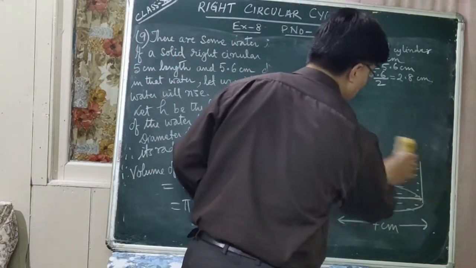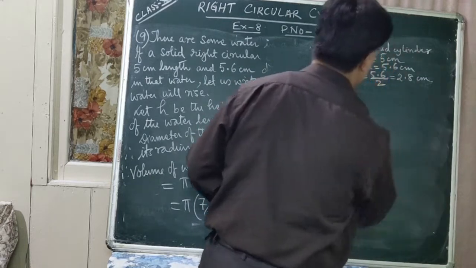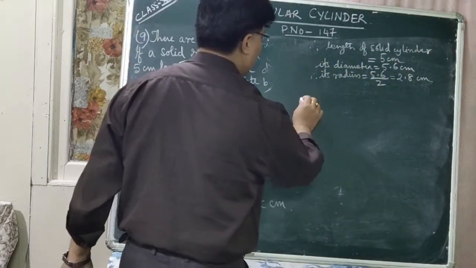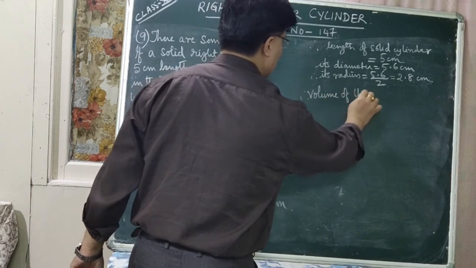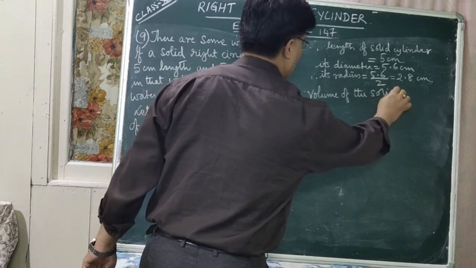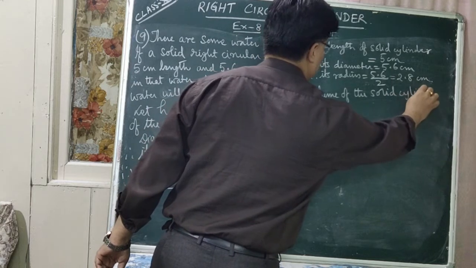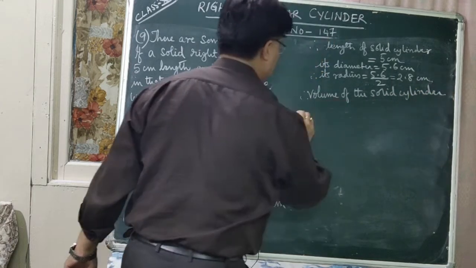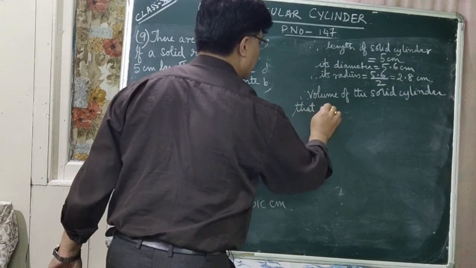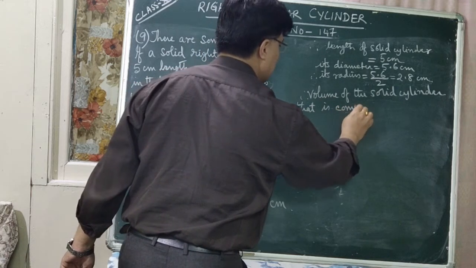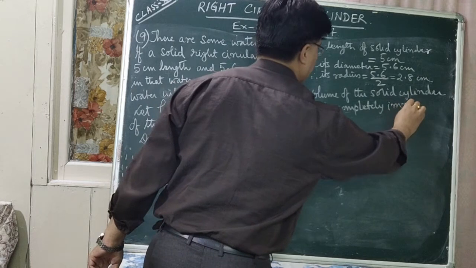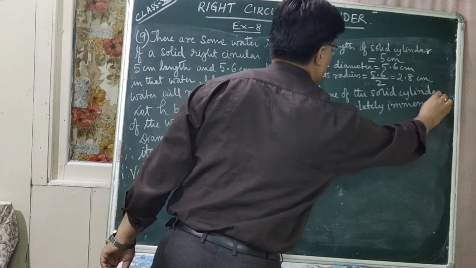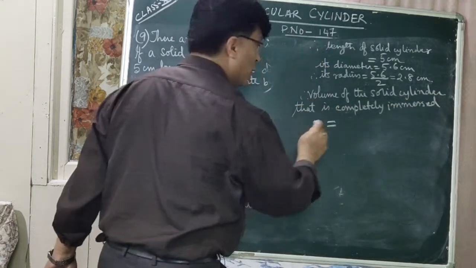So now let us find out the volume of the solid cylinder. Therefore, volume of the solid cylinder that is completely immersed is equal to, what is the formula?